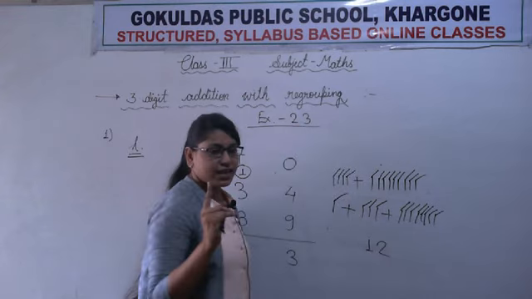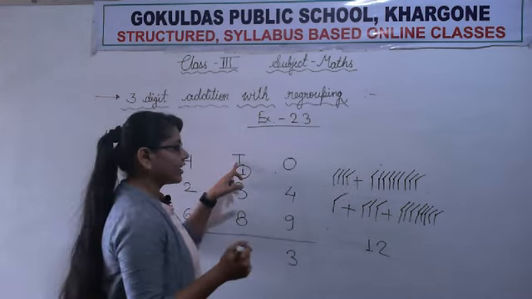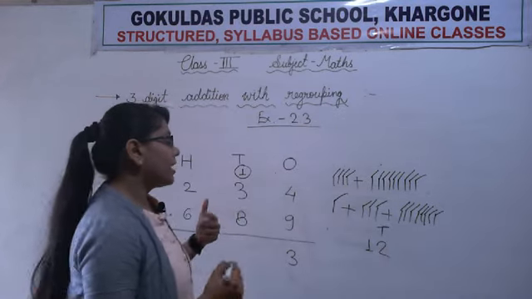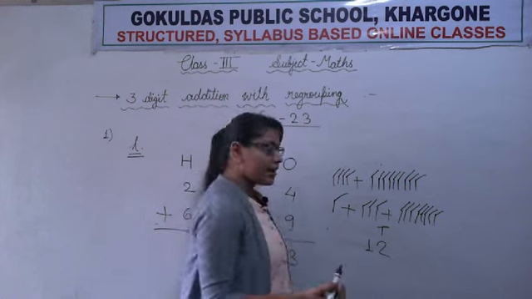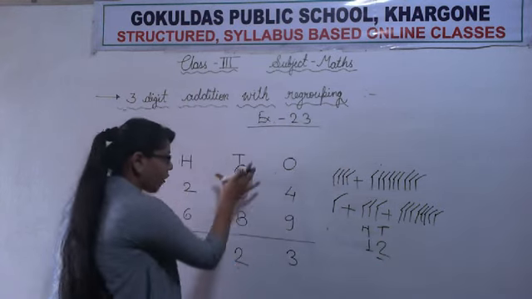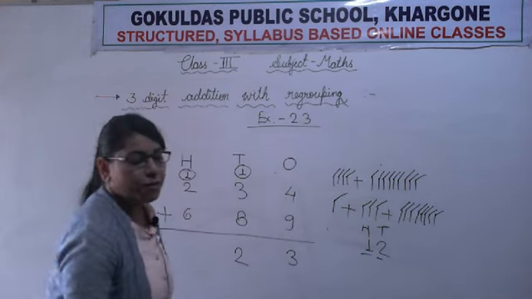Again we added one digit and got a 2-digit answer. We were adding tens, so we will write tens here, and what place comes after tens? Hundreds. So we will write hundreds here. Now we will write this 2 in the tens column and this 1 in the hundreds column in the form of carry.